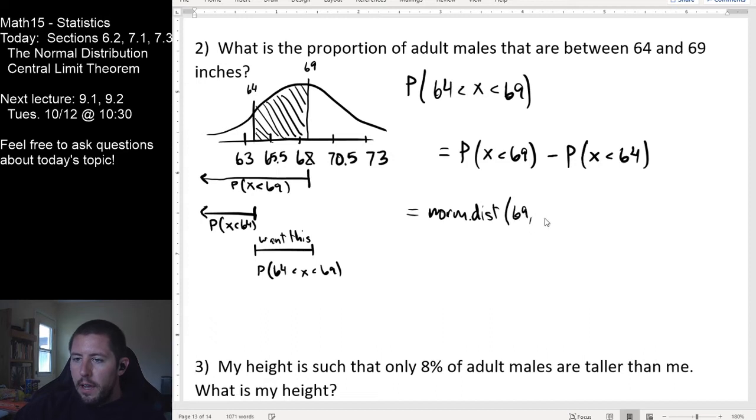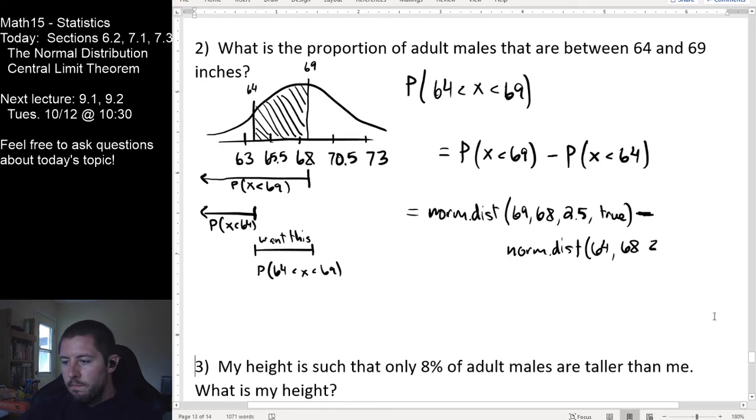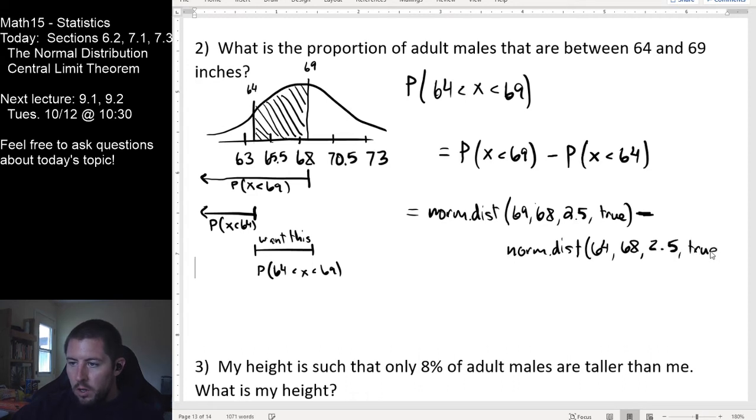This would be a 69, 68, 2.5, true, minus norm.dist 64, 68, 2.5, true. Right, so get the full cumulative area up to 69, but then chop off the cumulative area up to 64 to leave you just with the stuff between 64 and 69.